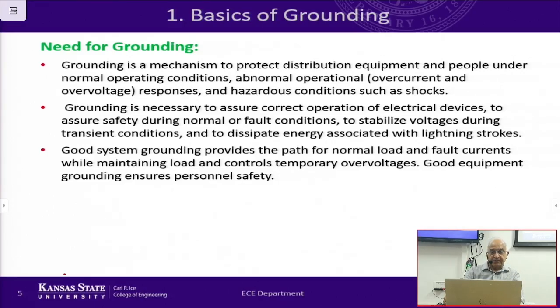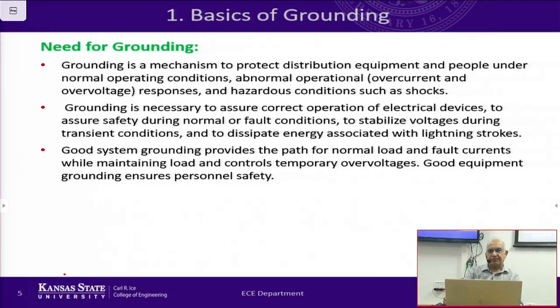And it is necessary to assure correct operation of electrical devices. If you don't have proper grounding, the equipment will have malfunctions and won't operate properly. Grounding assures safety during normal or fault conditions, stabilizes voltages during transient conditions, and dissipates energy associated with lightning strokes.